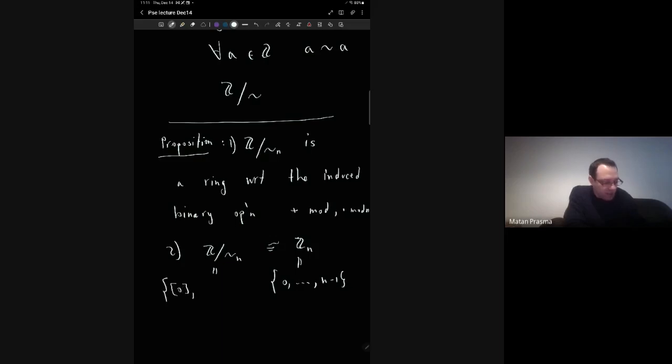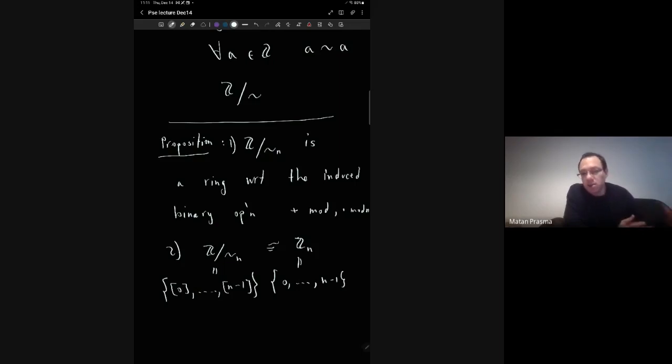Because I can represent all the equivalence classes as the equivalence class of 0, the equivalence class of 1, up to the equivalence class of n minus 1.